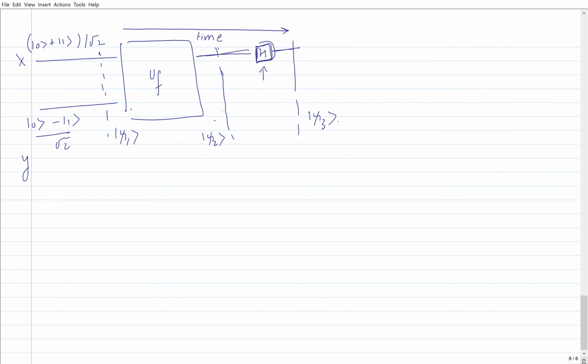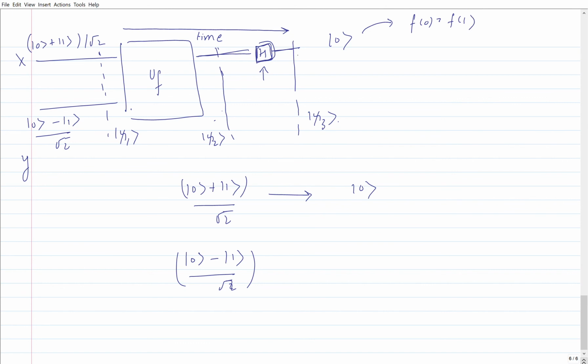This particular gate, Hadamard. What does it do? Well, it will give me, remember, either the upper qubit is this or the upper qubit is this guy, and depending upon this, it will give me 0 upon application of Hadamard if the function was a constant, or it's going to give me 1 if the function was balanced.